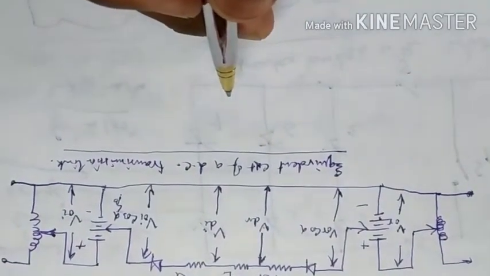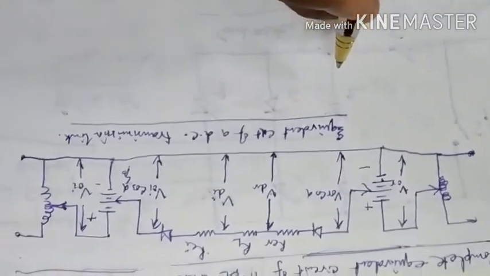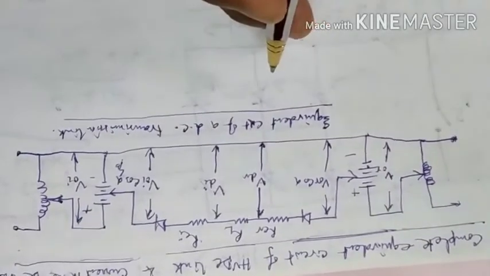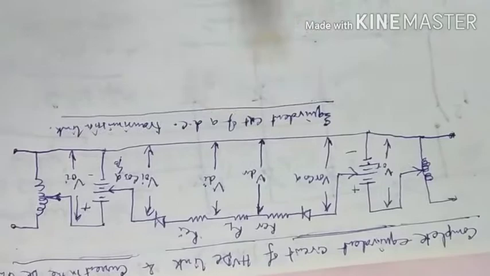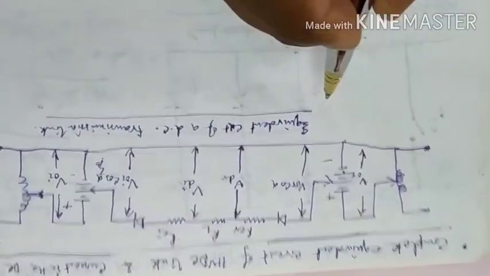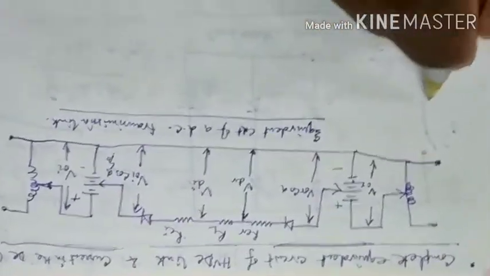And if we draw the schematic diagram, schematic means a single line diagram or main block representation of the total HVDC link.